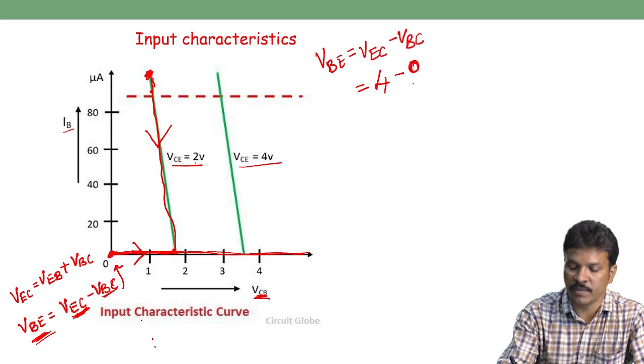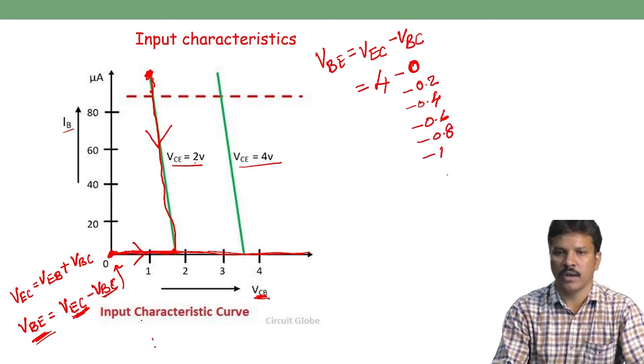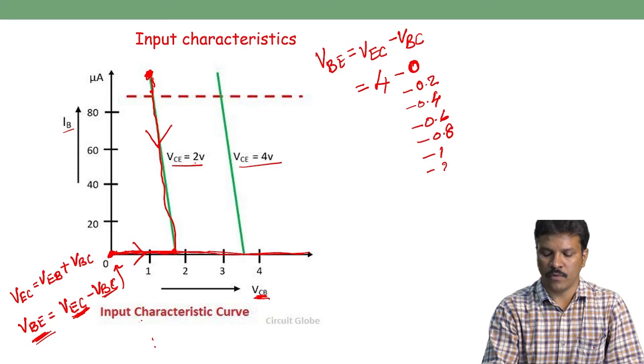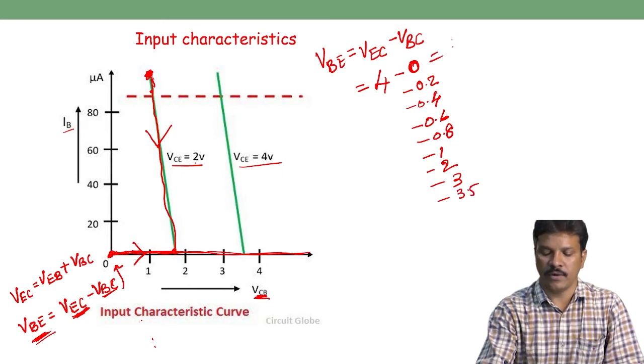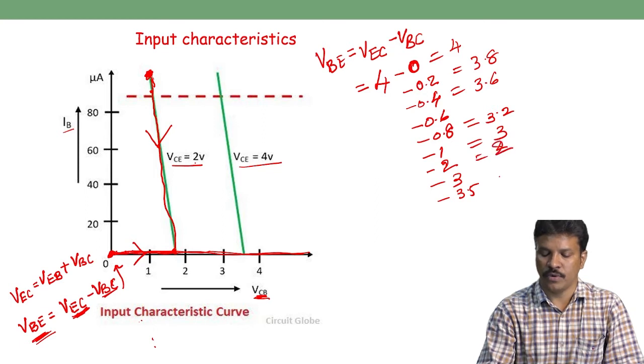By changing the input voltage, VBC 0, VBC 0.2, 0.4, 0.6, 0.8, 1, like 2, like 3, like 3.5, we get the resultant VBE voltages 3.8, 3.6, 3.2, 3, then 2, then 1, then 0.5.